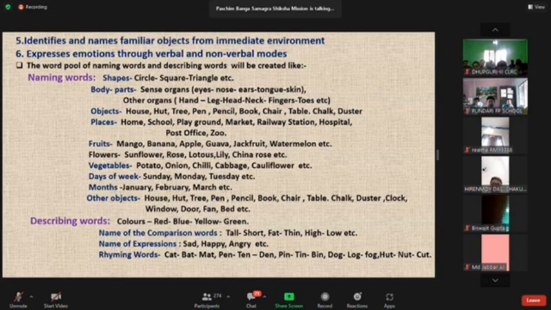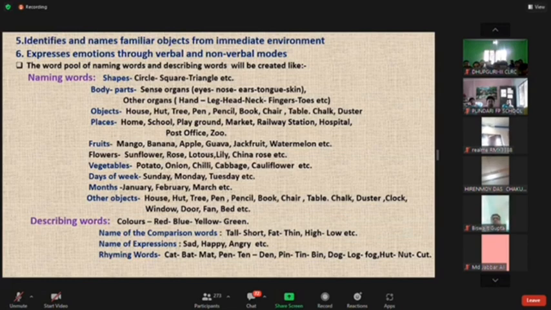So here also, when building the naming words, we take some themes. Shapes: circle, triangle, etc. Body parts: there are two things, the sense organs, eyes, nose, ears, tongue, skin, and the other organs, hand, leg, neck, finger, toes, etc. Objects like house, heart, tree, pen, pencil, book, chair, table, chalk, duster.